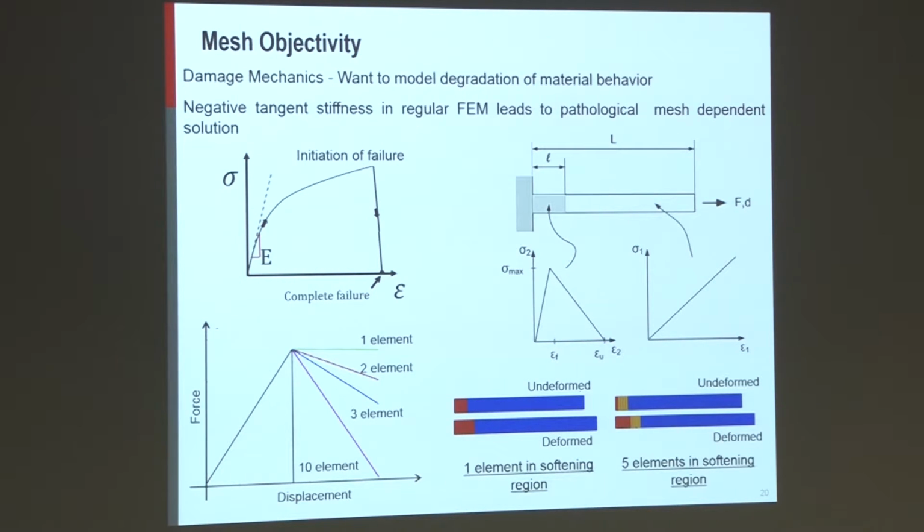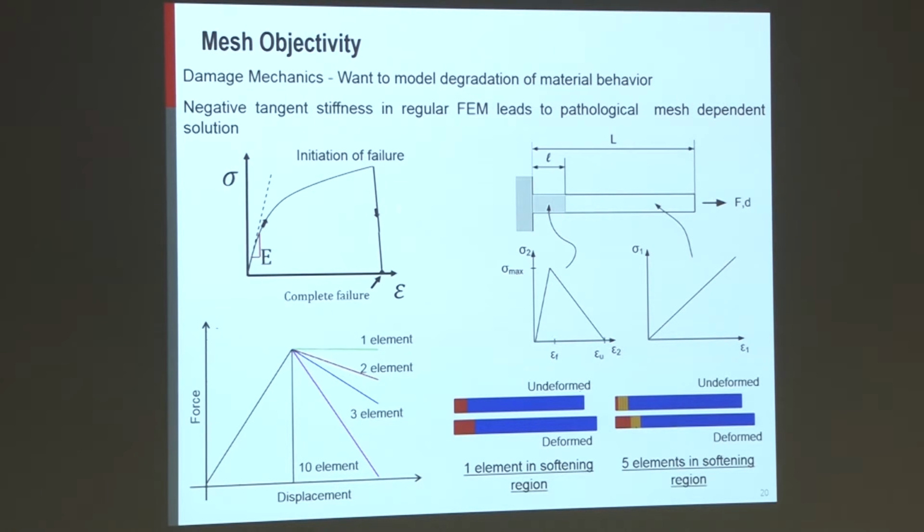But if there is a softening response in our input in FEA, we face something called pathological mesh dependency. People who have taken FEA know that when we refine the mesh, we need to achieve convergence of the solution. But when we have a negative slope in our input behavior, the convergence does not occur.